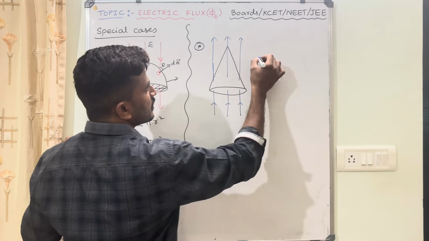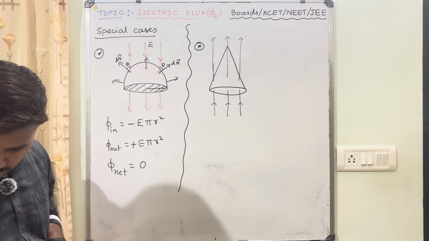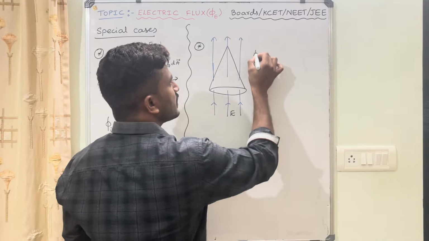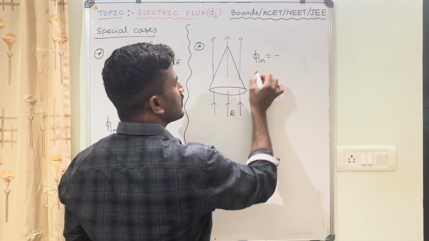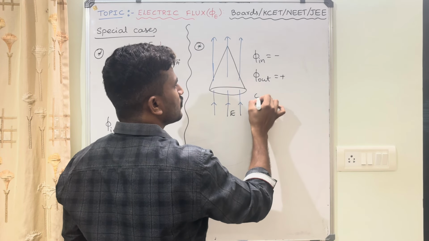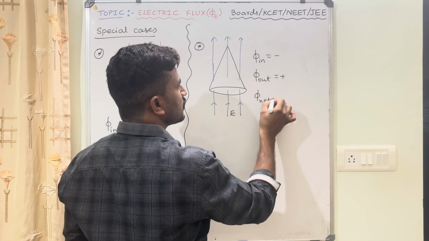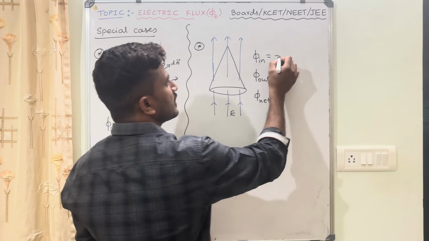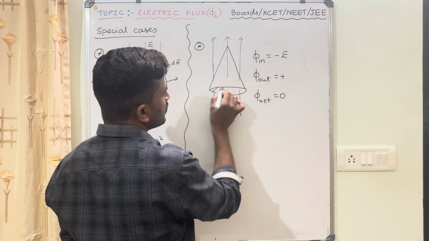So what is the flux in and flux out? If I consider electric field density is E, flux in is taken negative, flux out is taken positive, net flux will be 0 anyhow. So flux in is E into this surface area, how much?